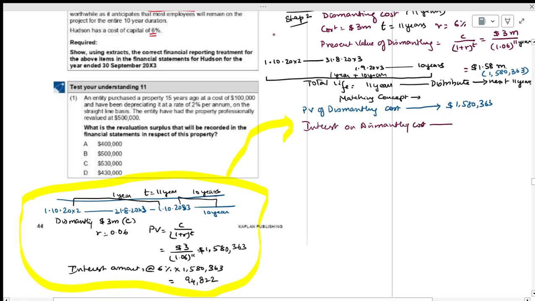How much is there? Interest on dismantling cost is 94,822. Fine.